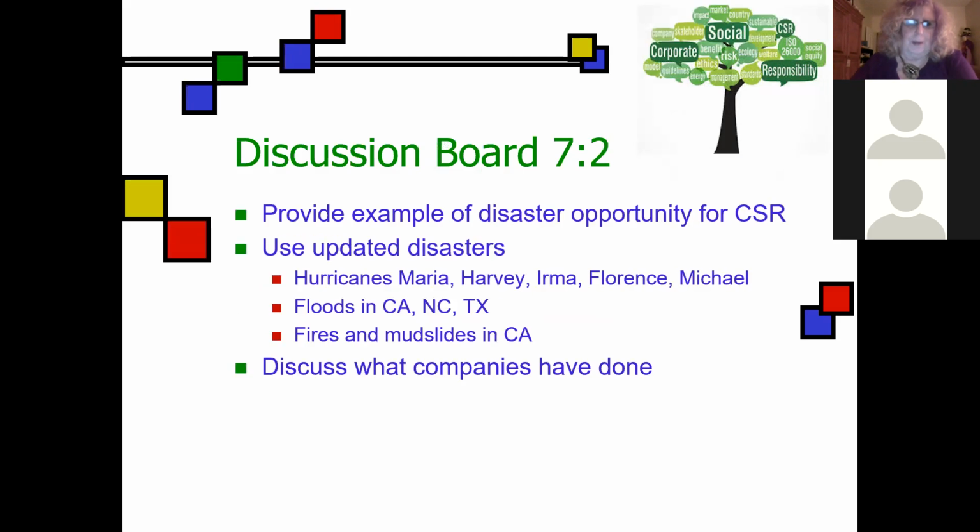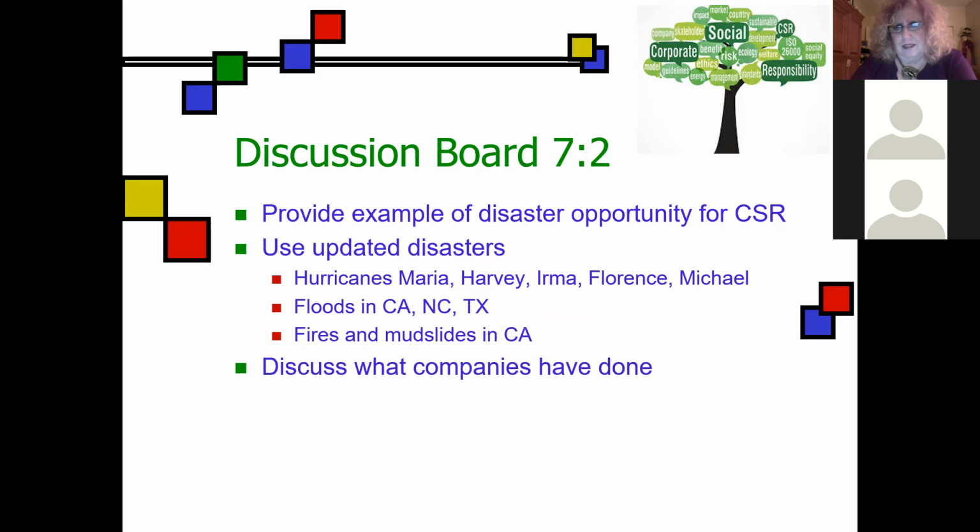Discussion 7.2. The syllabus talks about picking an example of a disaster, and it uses Hurricane Katrina, which is almost 19 years ago now, 2005, and it uses some old examples. I'm saying that if you want to update the disasters, we've got some more recent hurricanes that were as devastating, if not more devastating, than Katrina.